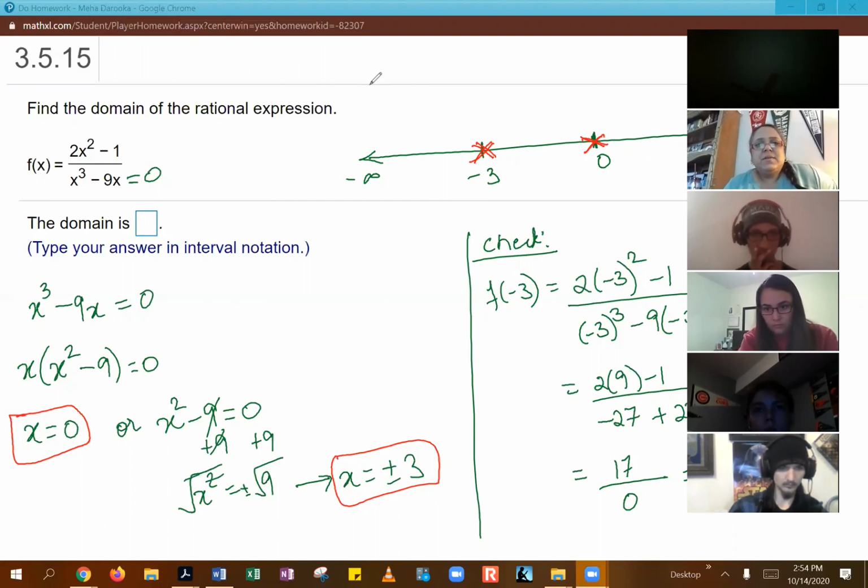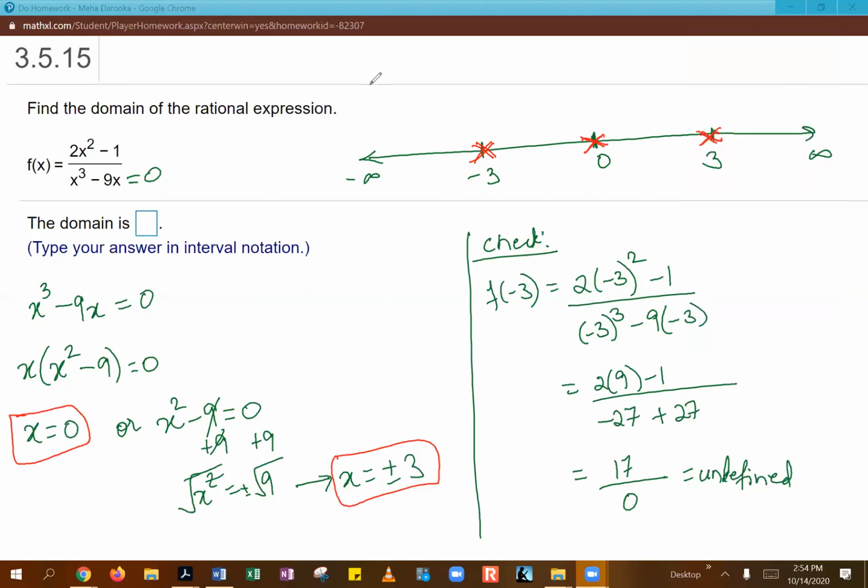Okay, let's see. Abdul Aziz, Oliver, you guys have -∞ to -3, -3 to 0, 0 to 3, and 3 to infinity. Yeah, so there are 3 numbers that we cannot use, which means we have 4 different intervals.